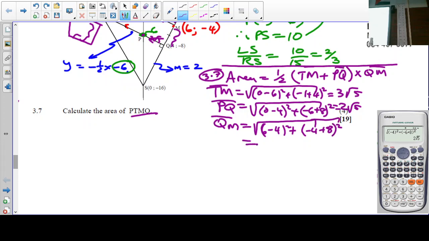Again we put that in the calculator: open bracket 6 minus 4 squared plus negative 4 plus 8 squared gives us 2 root 5. So we put that next to it. So it's 2 root 5.